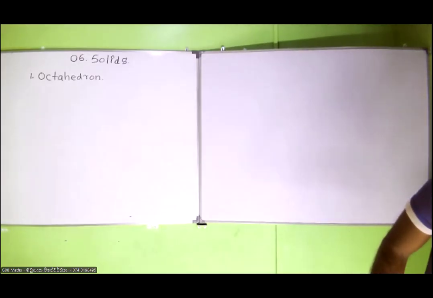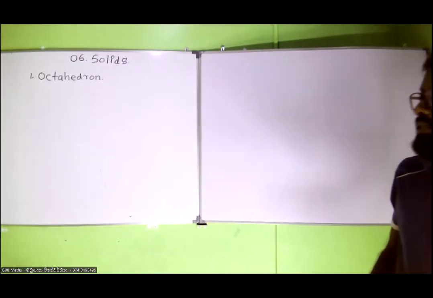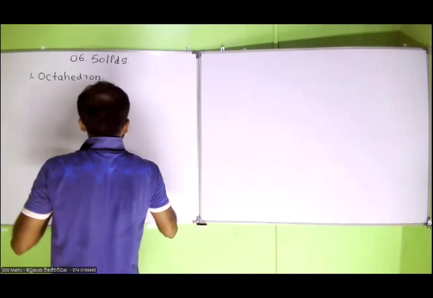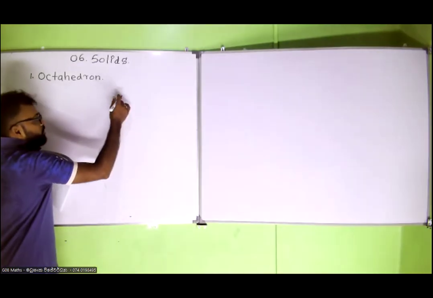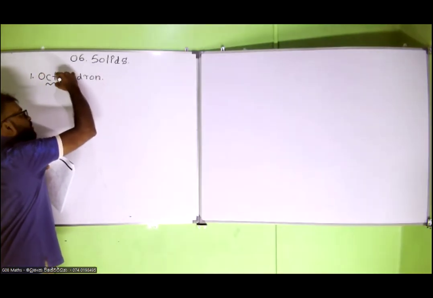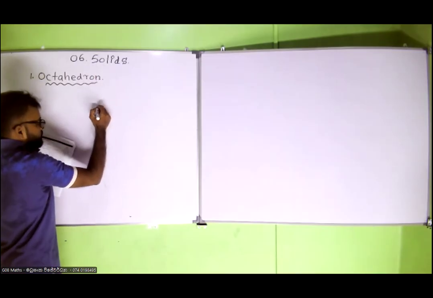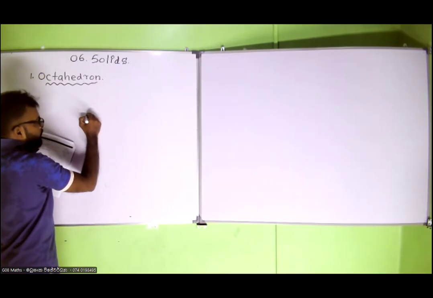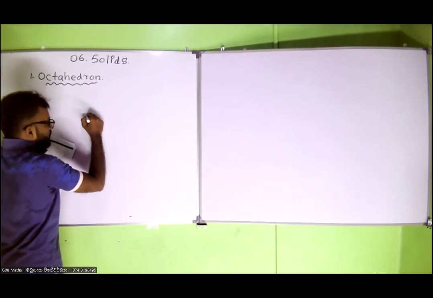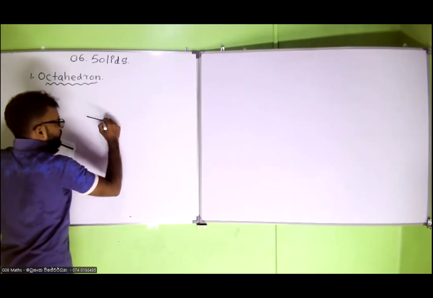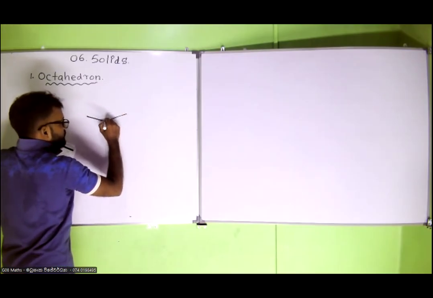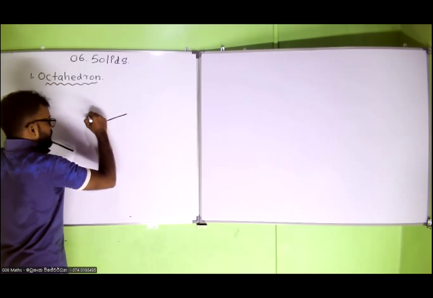So you need to remember that. So basic thing is this. If you see any octahedron in real life, the bottom side or the middle side will be like this. It is a square pyramid, square shape.